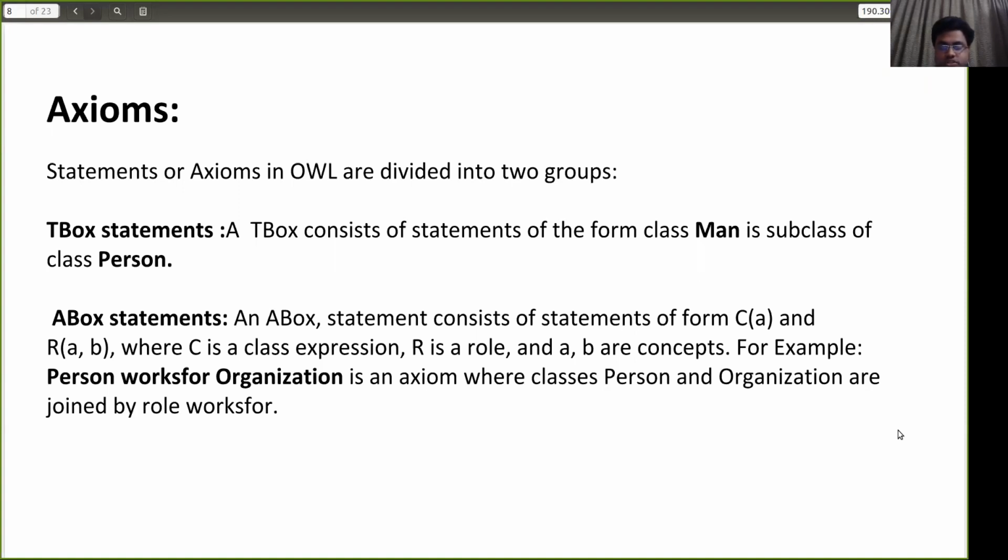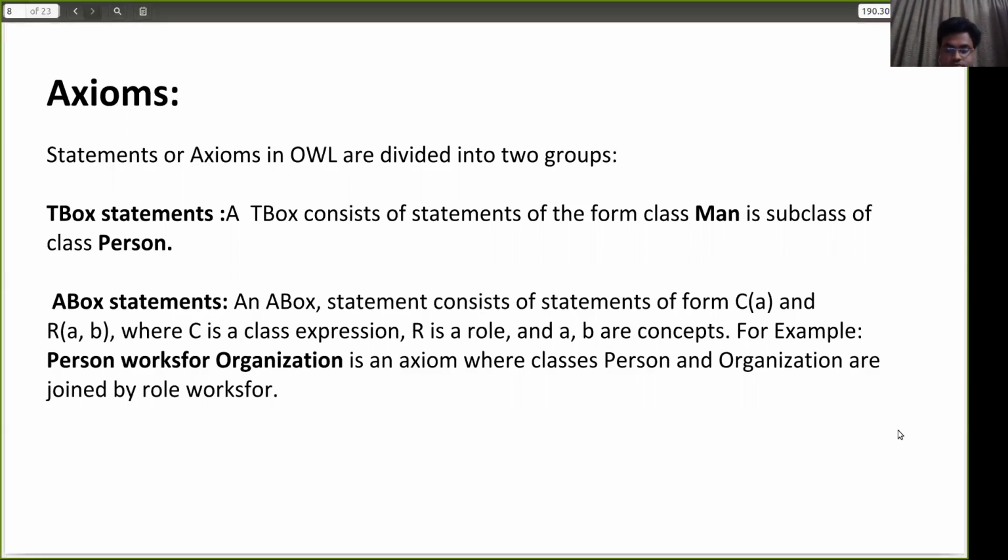Now, first we will see the definition of axiom. Axioms are basically statements in OWL and are divided into 2 groups. T-box statements, which define statements like man is a subclass of person, whereas A-box statements define statements like person works for organization, where person and organization are classes and these classes are joined by the property named works for.